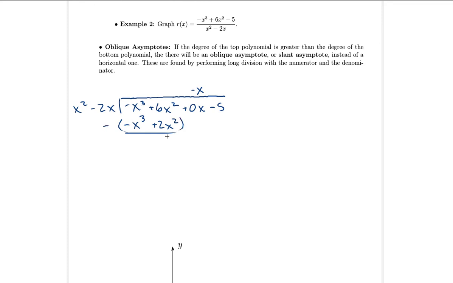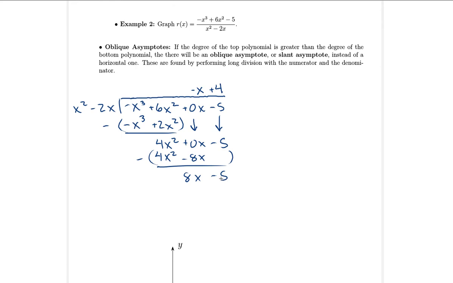Then we subtract, and so we end up with 4x squared as a remainder. And then we just go ahead and drop these down, plus 0x minus 5. Play the same game again. I would need to multiply by positive 4.